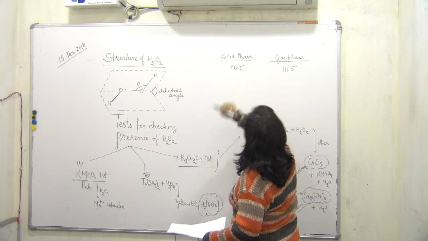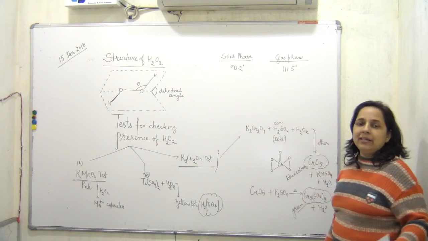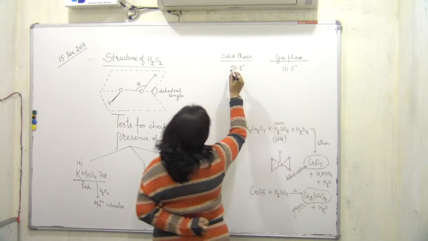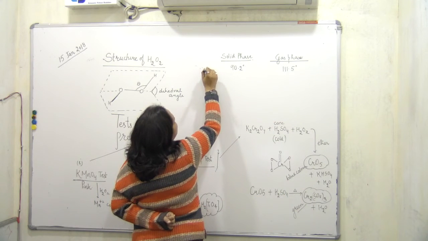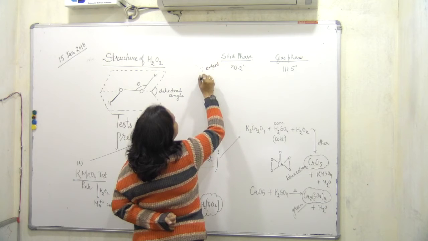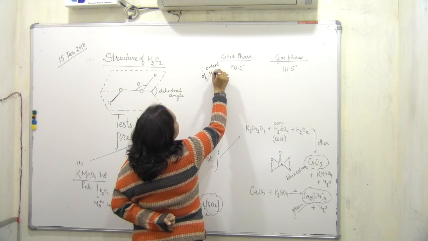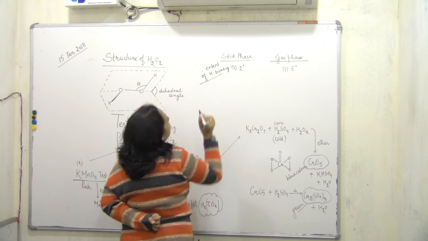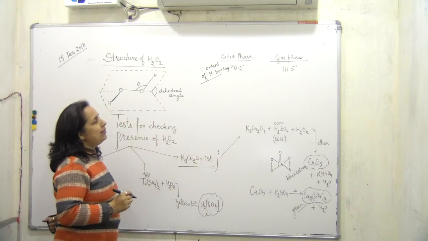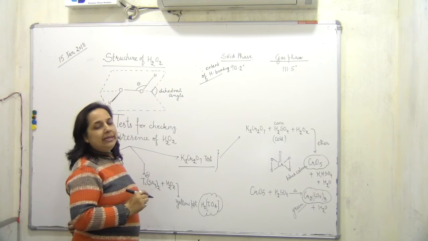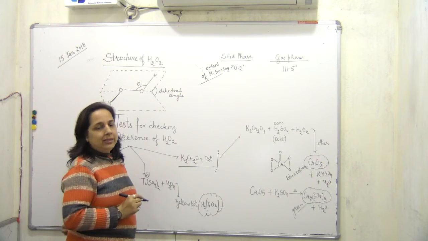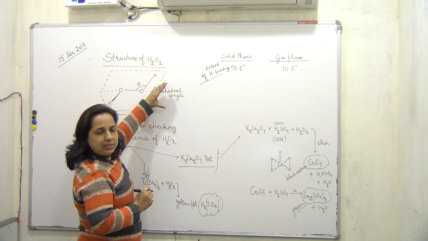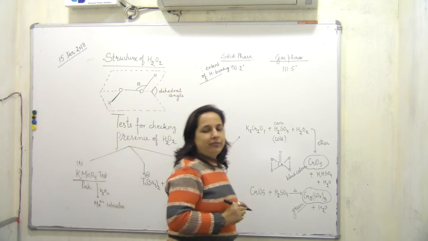So you can imagine the dihedral angle changes a lot. Why is this angle changed in the solid phase? Because of the extent of hydrogen bonding, we have a change in the dihedral angle from 111.5 degree to 90.2 degree. That means this angle of the book changes. In gas phase it is different, in solid phase it is different.